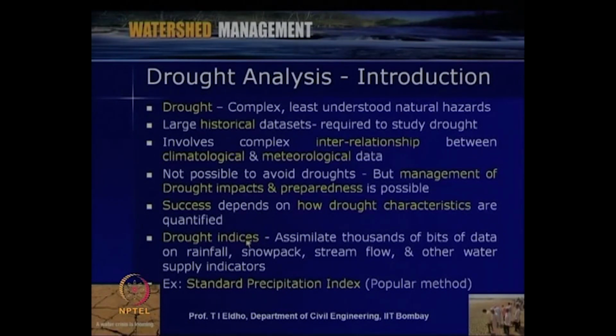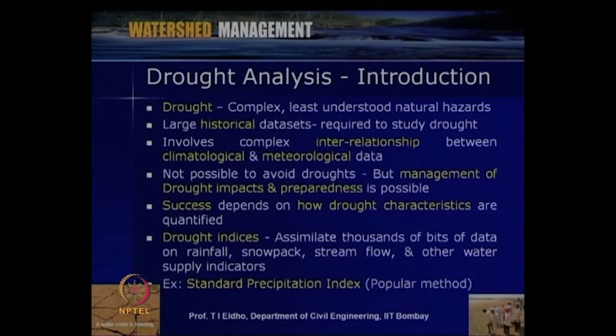These numbers assimilate thousands of bits of data on, for example, rainfall, snowpack, stream flow, and other water supply indicators, and these kinds of indices give some numbers. Those numbers show the intensity of the drought or onset of drought or various characteristics of the drought.